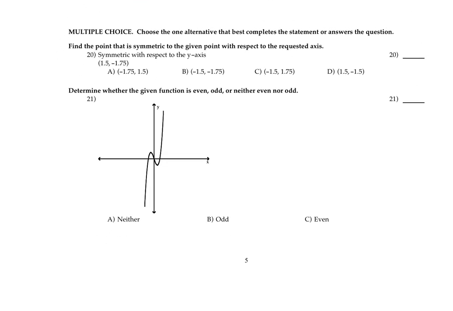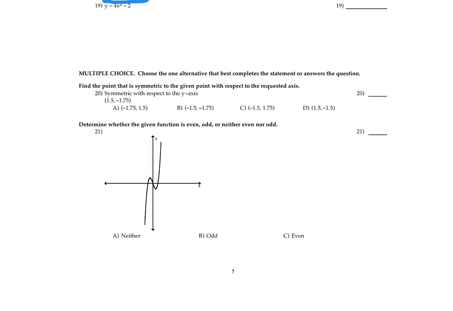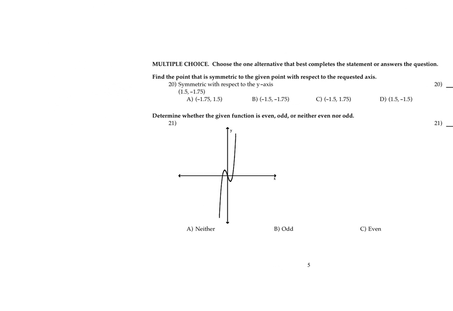All right, on number 20, let's say that I plot the point 1.5, negative 1.75. I want to show you a real quick and easy way you could do this. Okay, I go to the right and I go down. That's where that point would be, right? All you got to do is plot that point, and we're not worried about being real specific about where it's going to be.